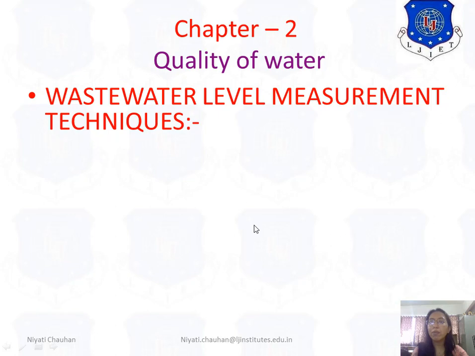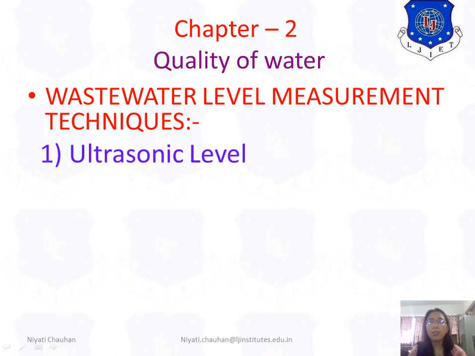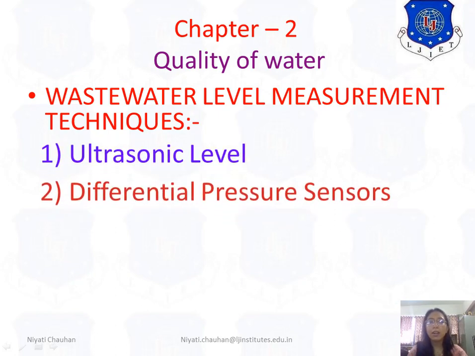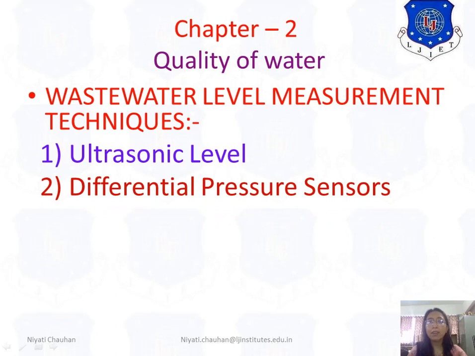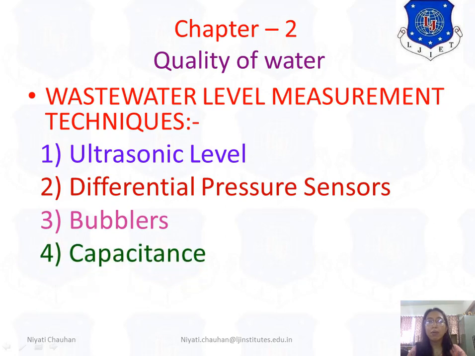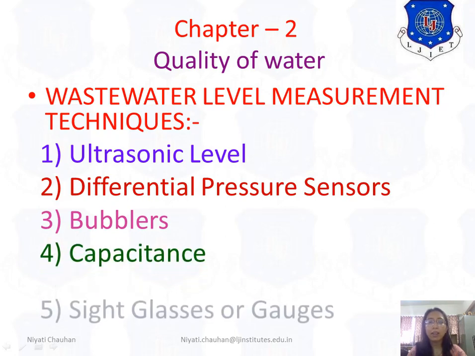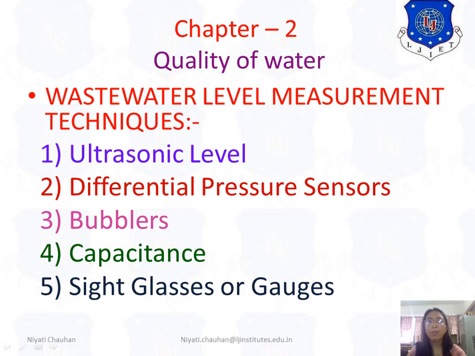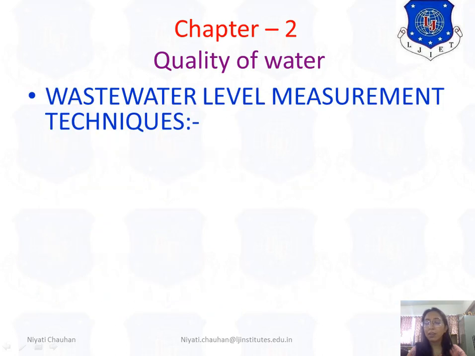There are different types of techniques for measurement of wastewater level. First, ultrasonic level, then differential pressure sensors. Number 3, bubblers. Number 4, capacitance. Number 5, sight glasses or gauges.